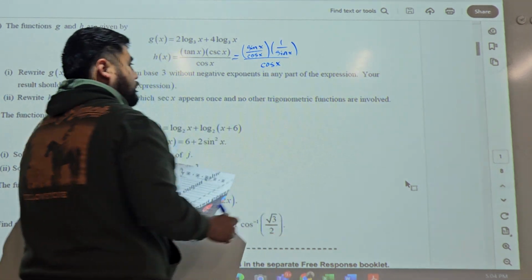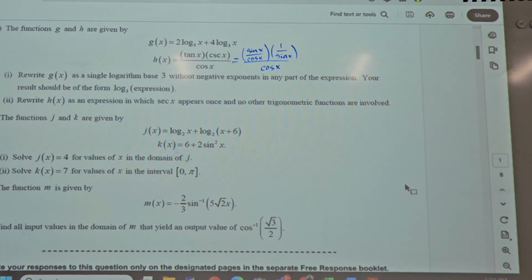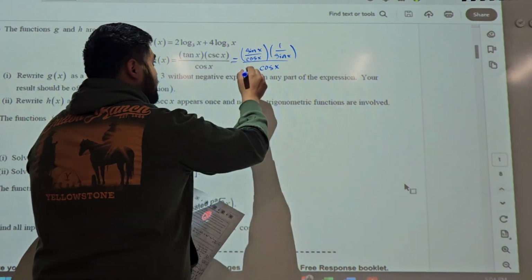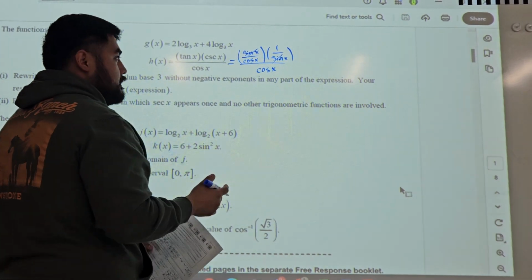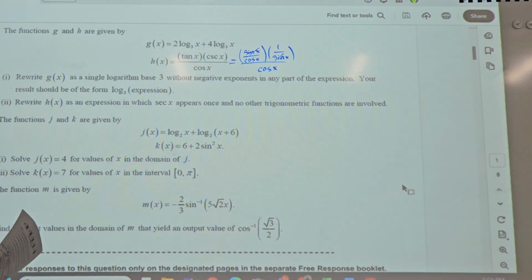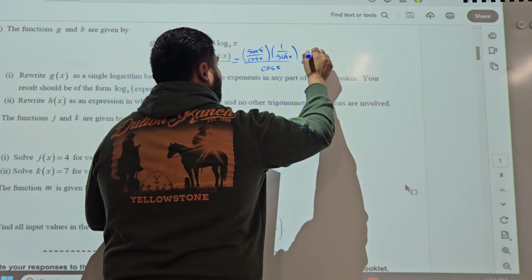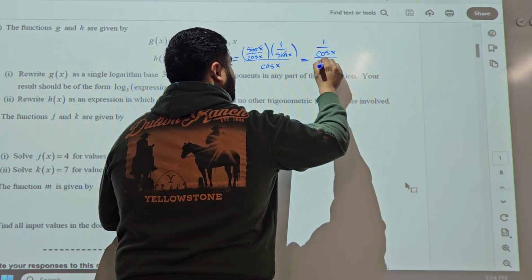So now, where do I go from here? I have the main ones, sine and cosine. I don't know if you're noticing, I have sine here and sine down here. Those two sines, on top and the bottom, are going to simplify to 1. So I'm left with 1 over cosine of x over cosine of x.